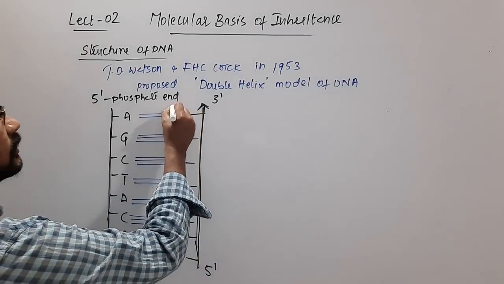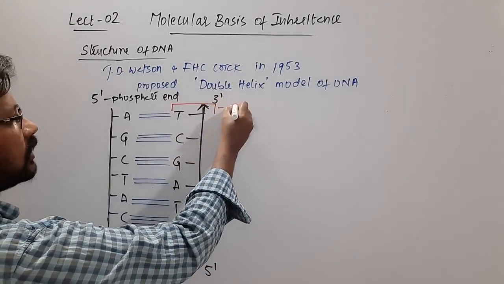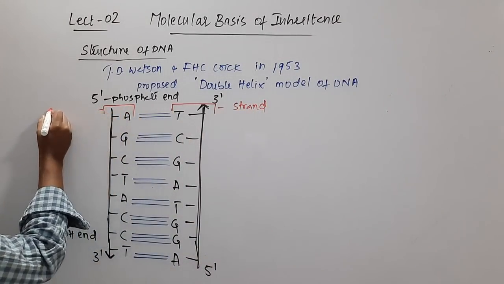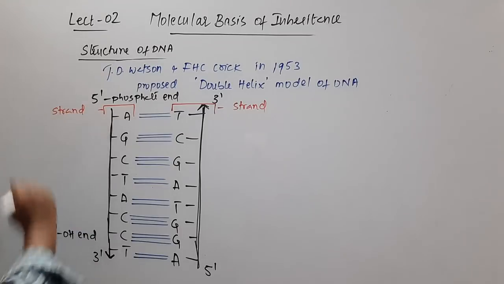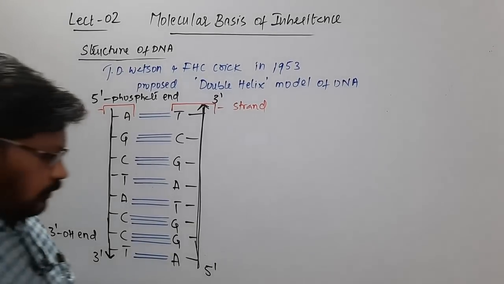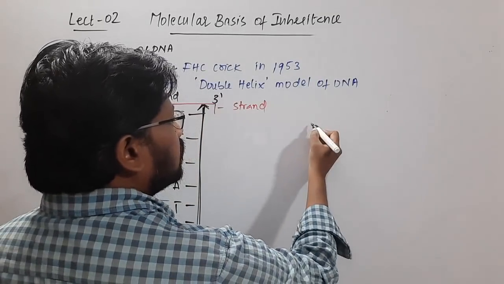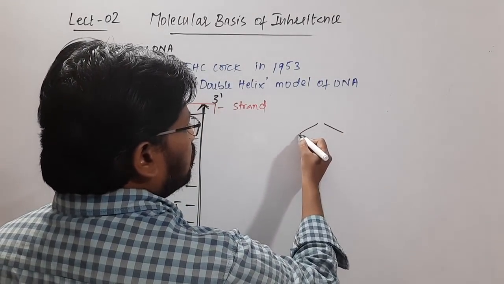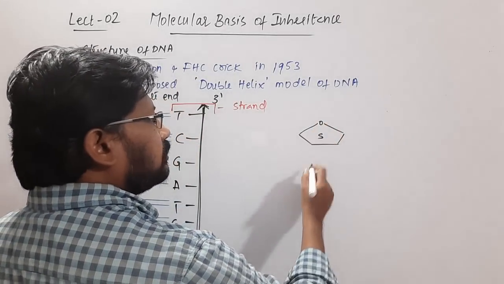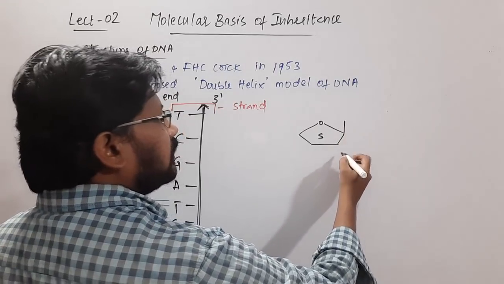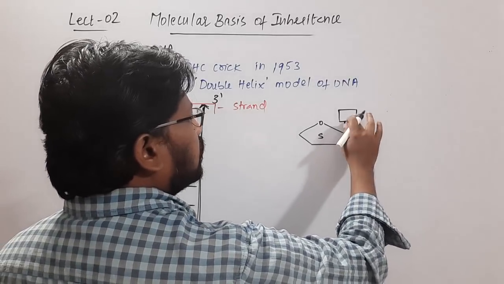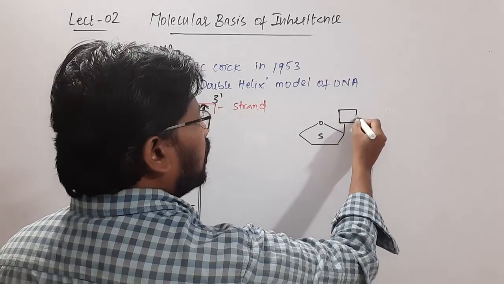So this is one strand, and this one is the other strand. Now I'll look at the components. Here this is the pentose sugar, and here you will see the attachment of the nitrogen base. I'm just putting up a box.